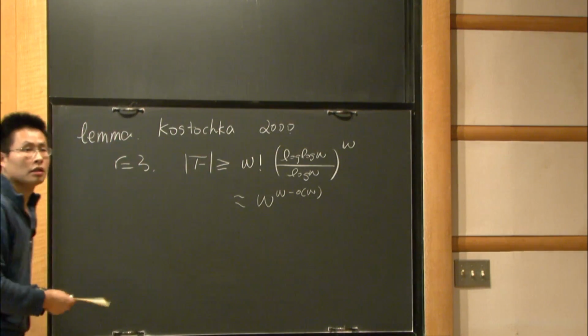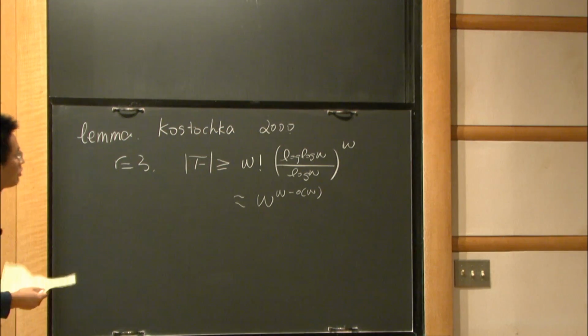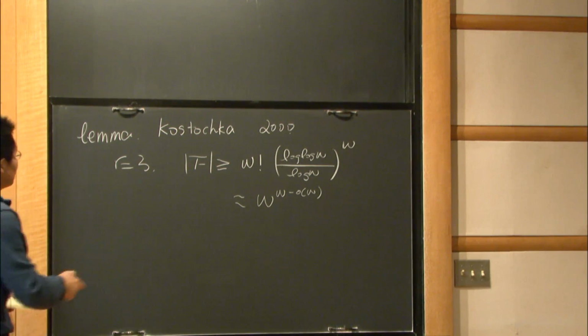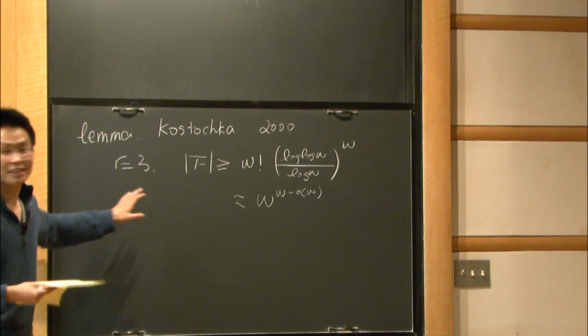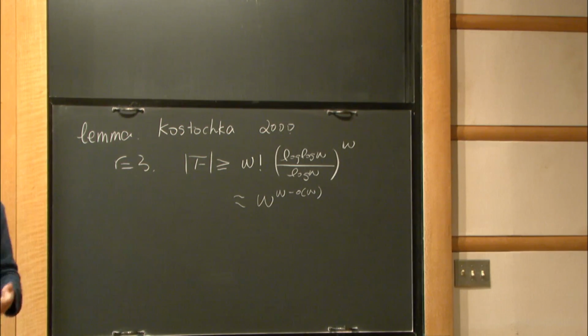Now I want to state our recent result. There's another result, but it is not peer reviewed. It's just posted on arXiv. Recently people found some bug, so there's still debate here. We're still verifying whether the proof is correct or not.